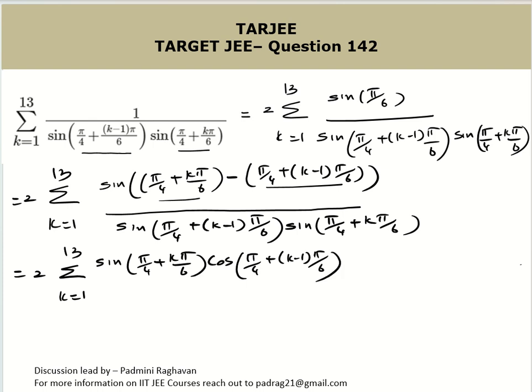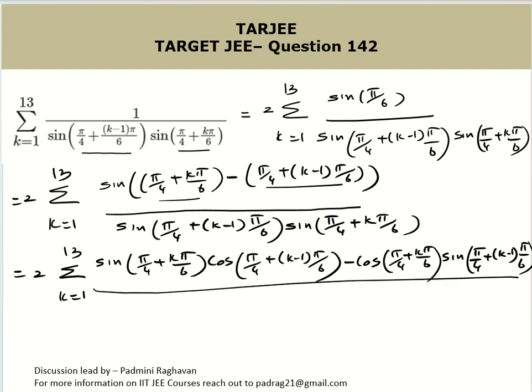So what we have written is sine a cos b minus cos a, where cos a is cos of pi by 4 plus k pi by 6, into sine b, sine of pi by 4 plus k minus 1 into pi by 6. The whole thing divided by the denominator, sine of pi by 4 plus k minus 1 times pi by 6 into sine of pi by 4 plus k pi by 6.